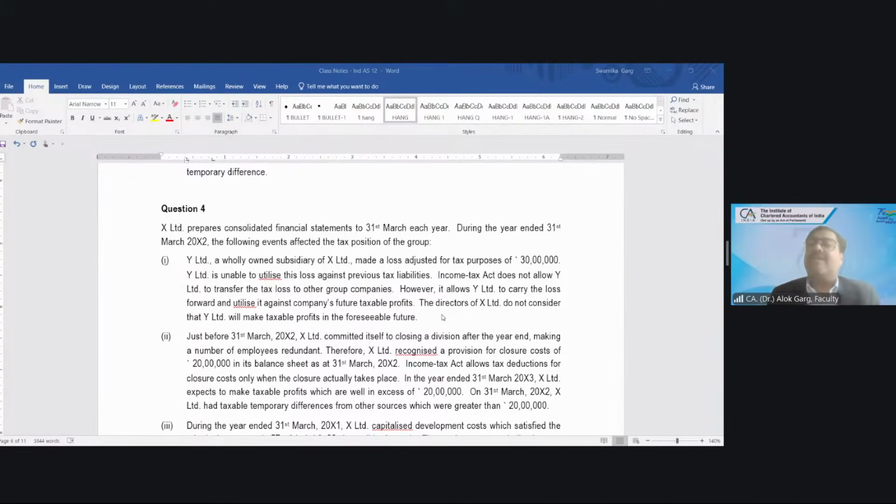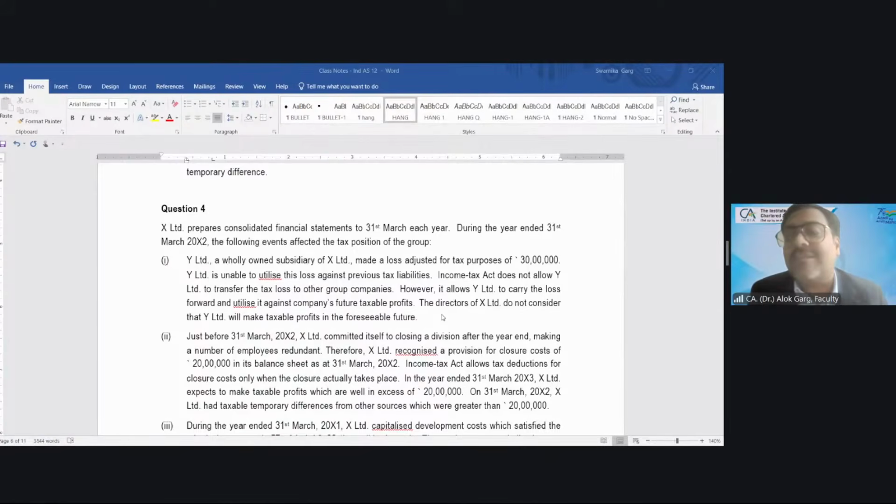But the standard says that in case of carry forward losses and unused tax credit, a deferred tax asset has to be recognized to the extent it is probable that the losses can be adjusted in the foreseeable future. Here, the question itself says that the directors are not certain that profits will come in the foreseeable future.